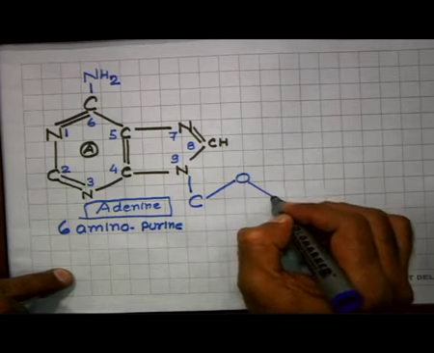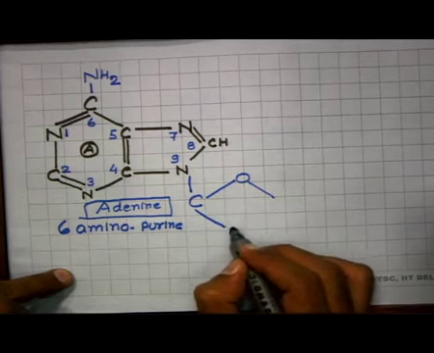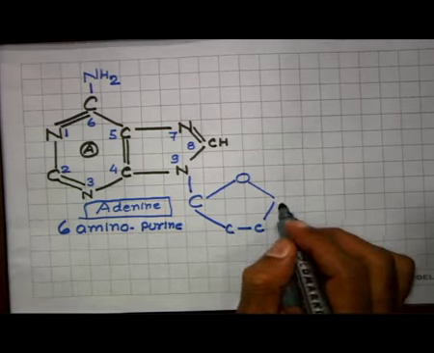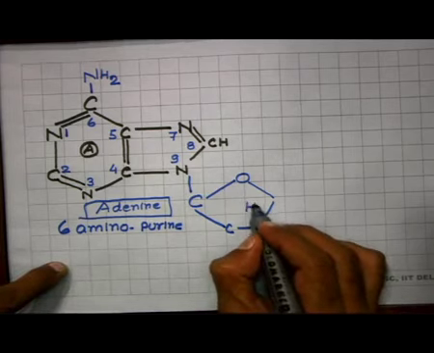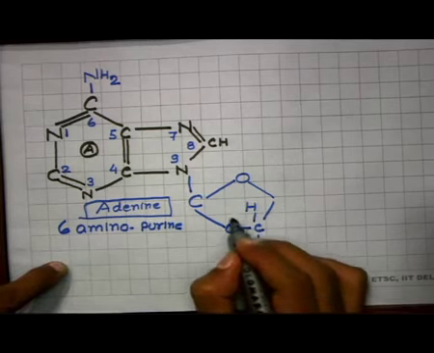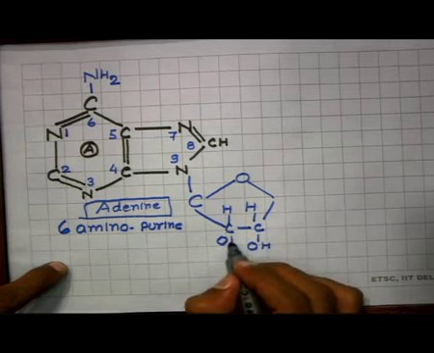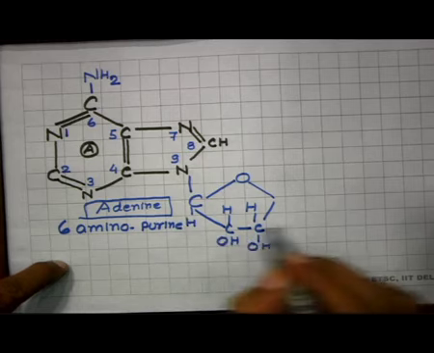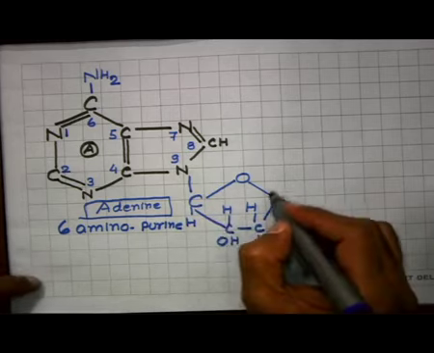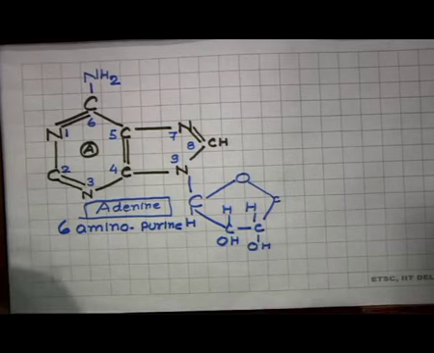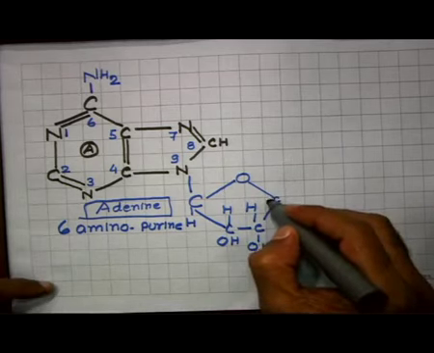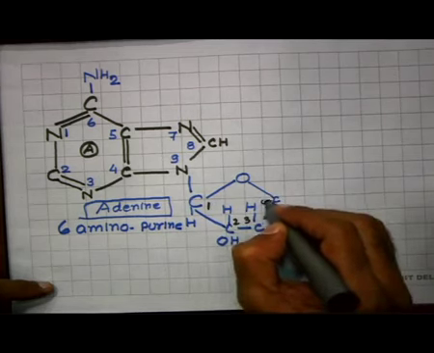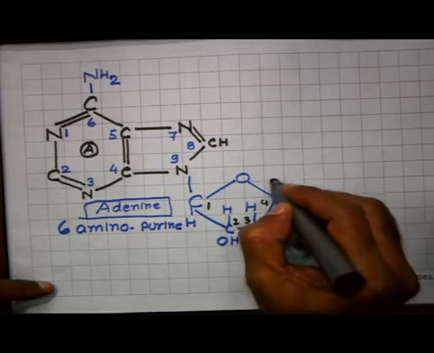Ribose sugar is a 5 carbon compound, and its numbering will be 1, 2, 3, 4, here is the 5.